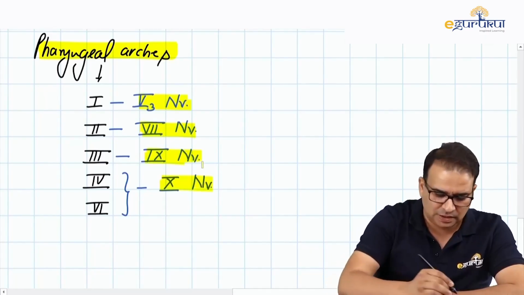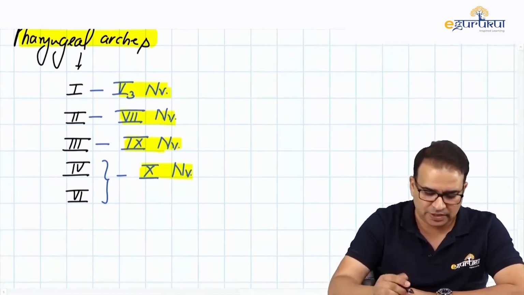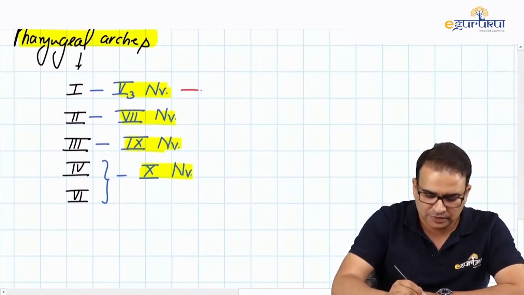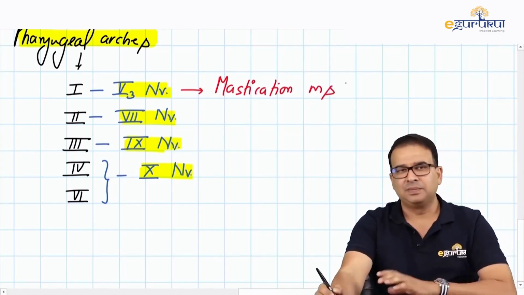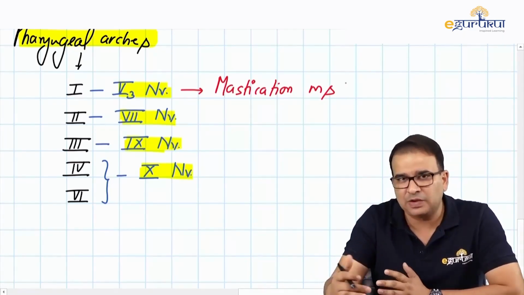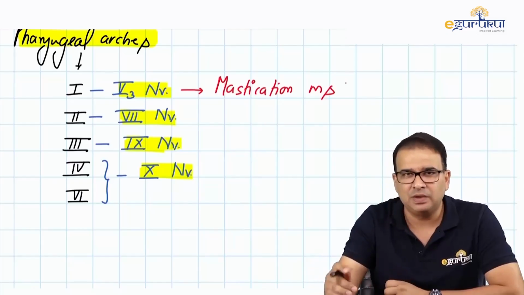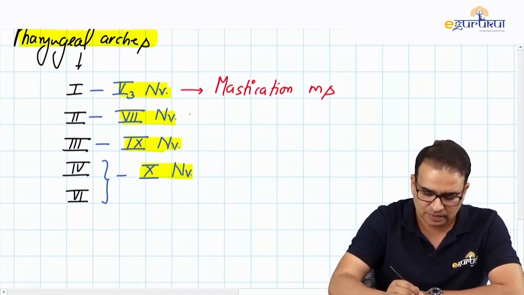Once you've discussed the nerve, we should know what muscles broadly are supplied by these nerves of the pharyngeal arches. As we know, the mandibular nerve supplies the muscles of mastication. So all the muscles of mastication will come under this first pharyngeal arch only. Although it is not only the muscles of mastication, we have other muscles also supplied by the mandibular nerve. But broadly, I'm saying broadly, the muscles of mastication are supplied by the mandibular nerve.